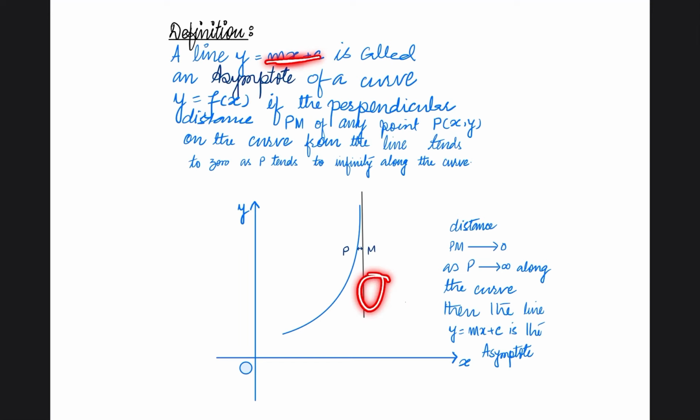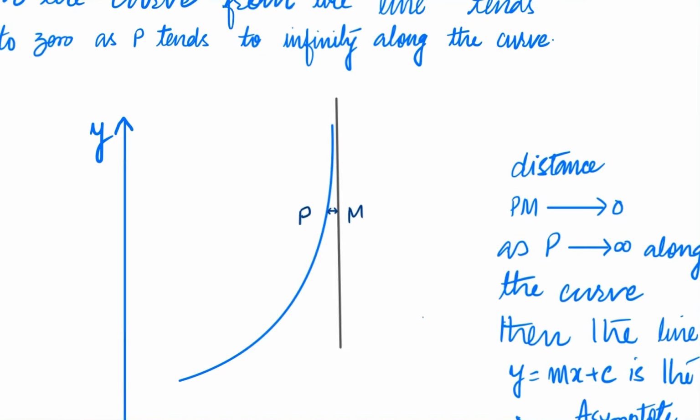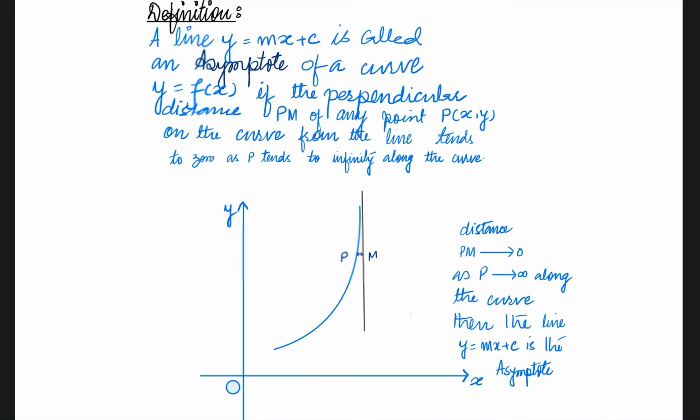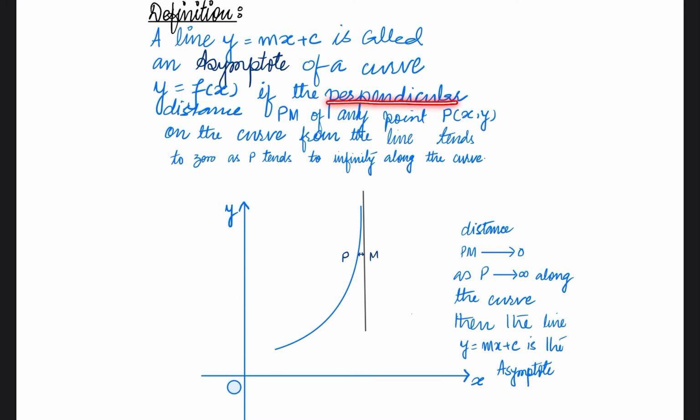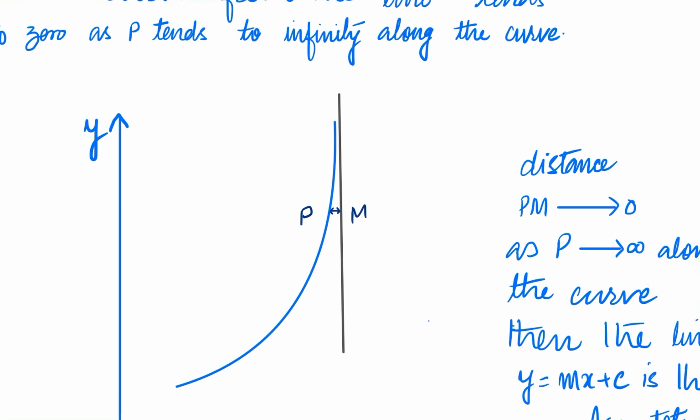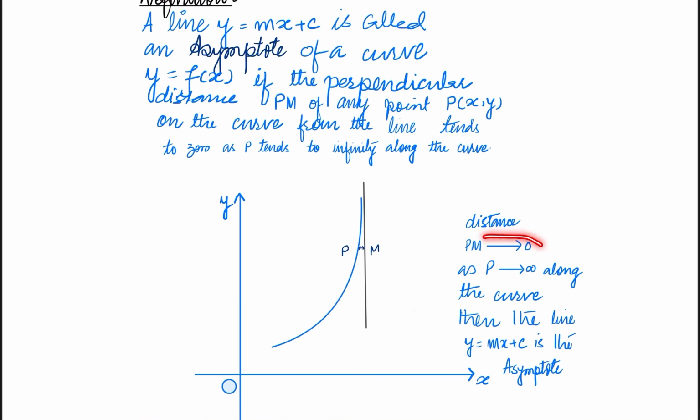This straight line will be called an asymptote to the curve y equals f(x) if the distance PM, the perpendicular distance from the point P to the line, tends to 0. You understand this is the limiting case. It will never be 0, it tends to 0, as P goes to infinity along the curve.